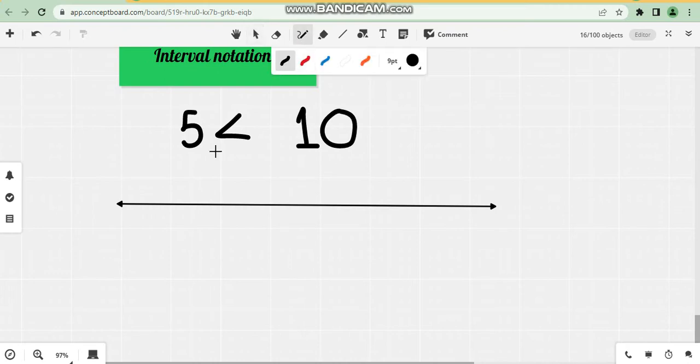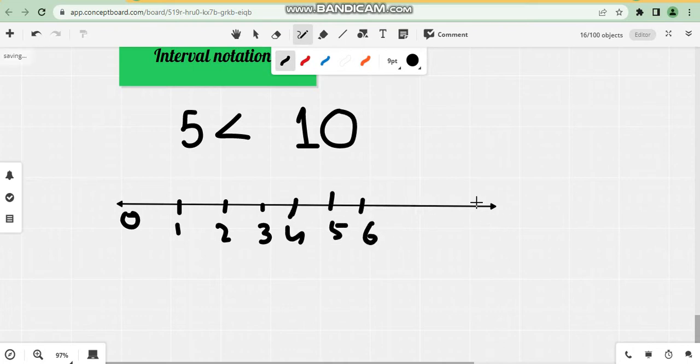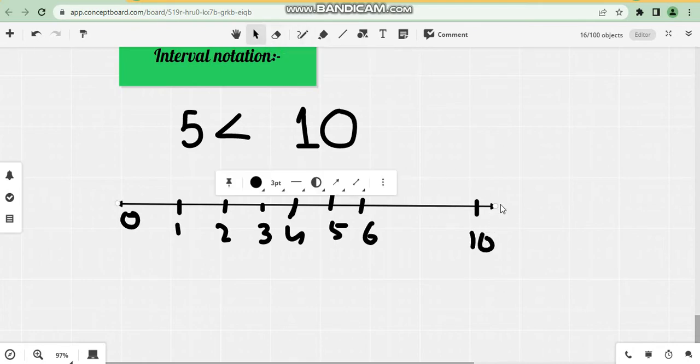Here are the numbers. I'm mentioning 0 here because these are positive numbers, so I'm starting from 0. Then 1, 2, 3, 4, 5, 6, and so on. Here it's 10. And if I extend this a bit more, positive infinity.